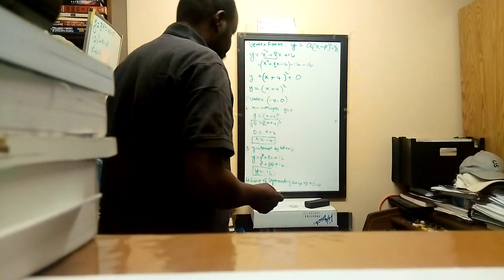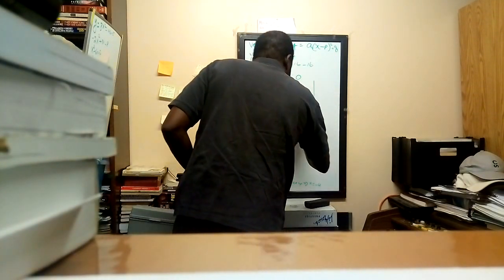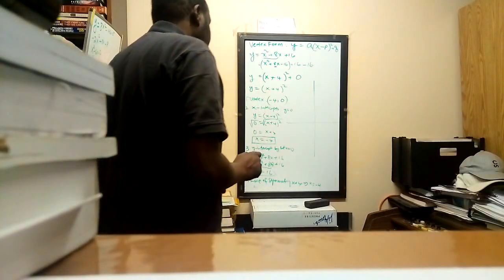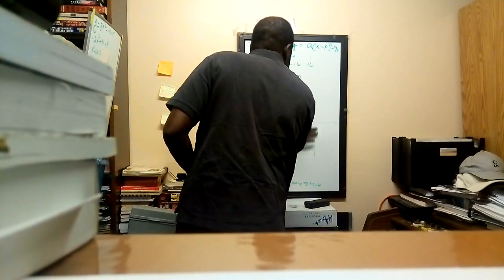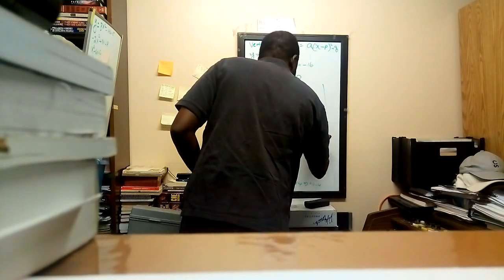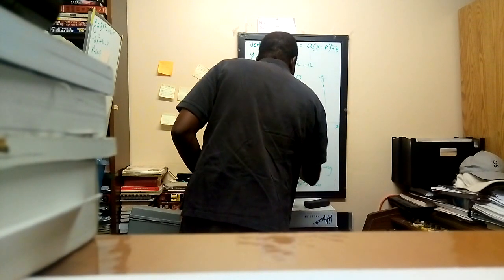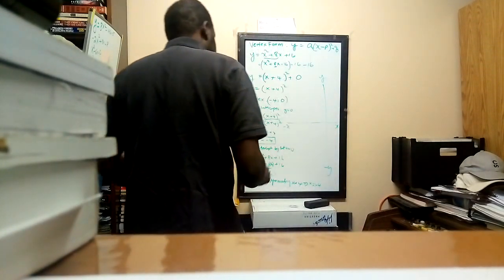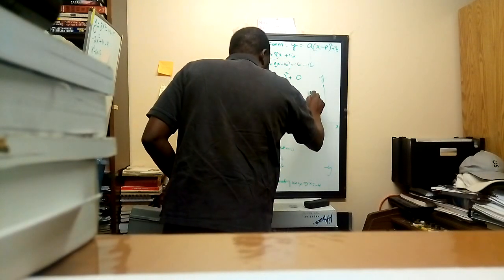Now we graph. First we put in our line of symmetry. Y-axis, x-axis, negative y-axis, negative x-axis. Our line of symmetry is -4, here.